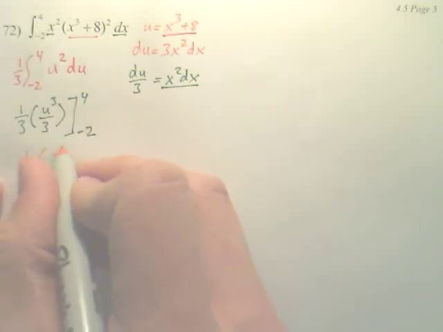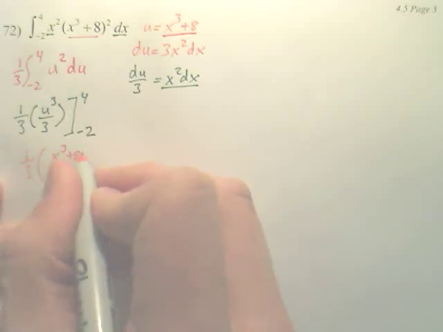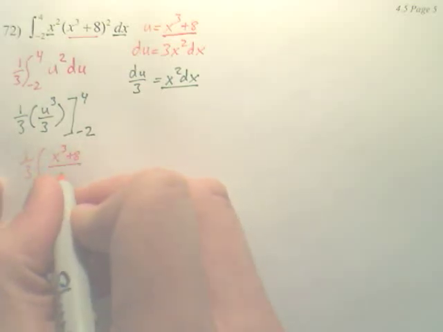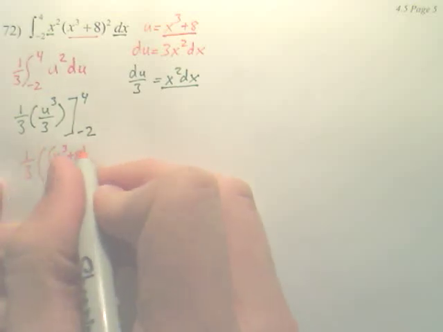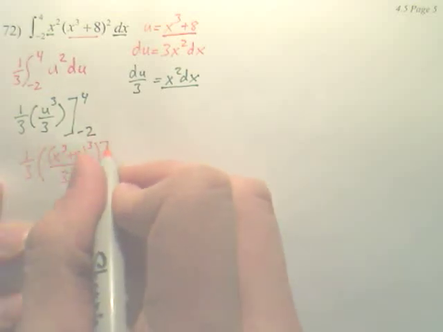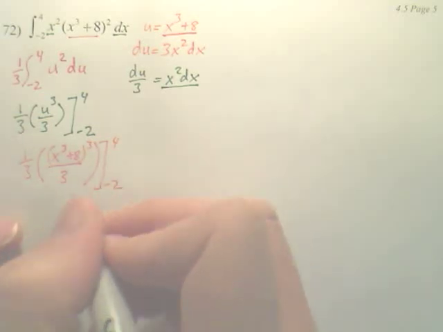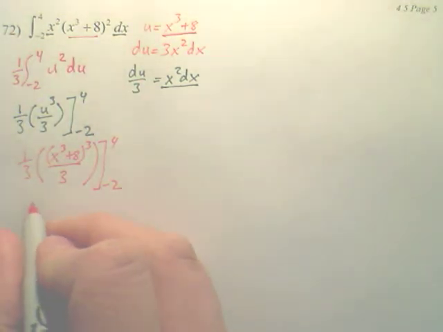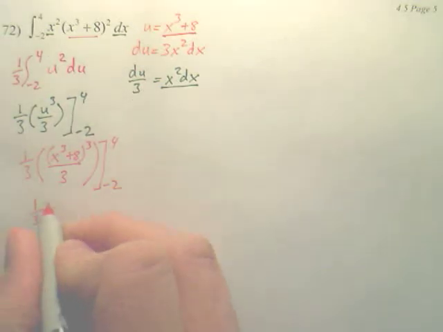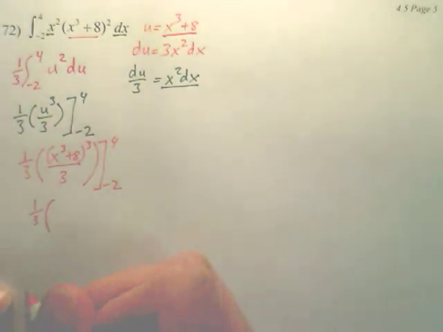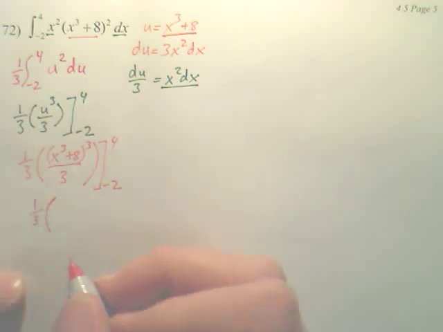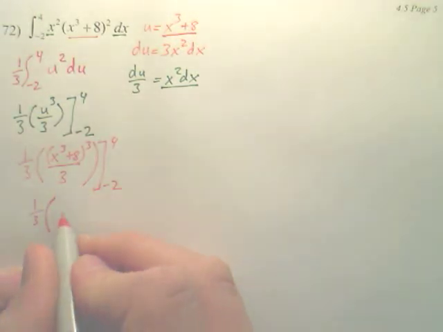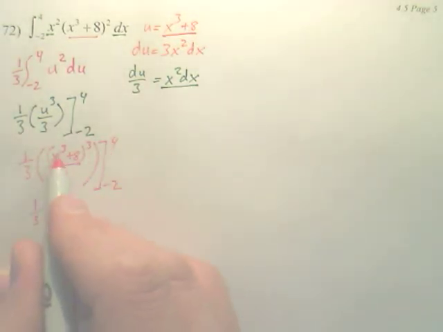U was x cubed plus 8. So we go from there, plug in all our values. I'm going to put the 1/3 out front. We're going to do 2 different times. We're going to plug in 4, then plug in -2, but I'm going to leave 1/3 out for the whole ending. When you plug in 4, 4 cubed is 64.